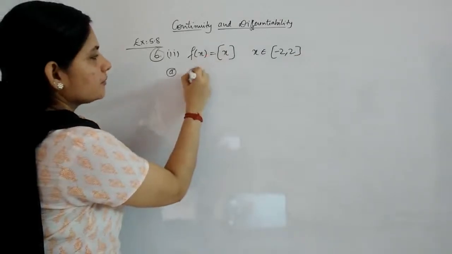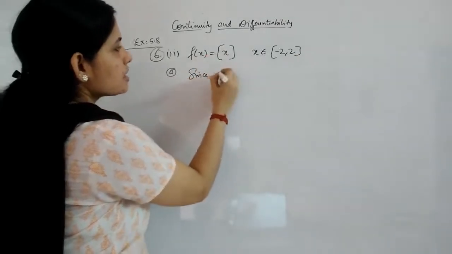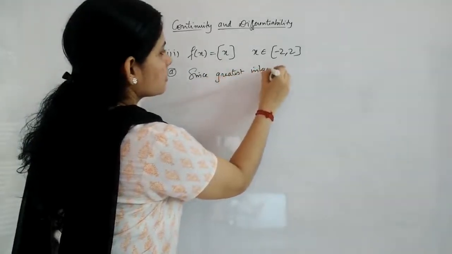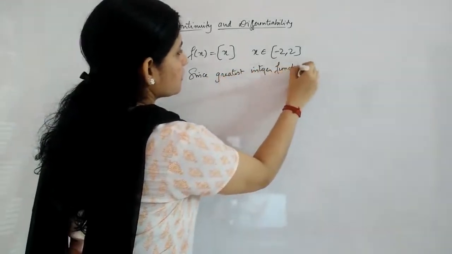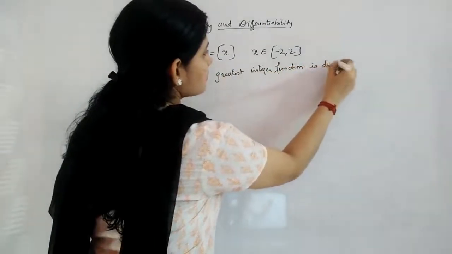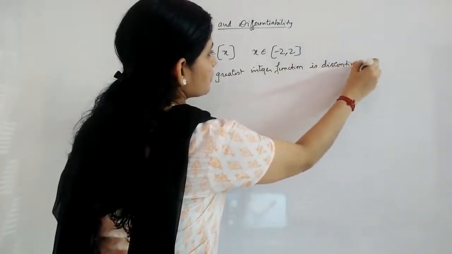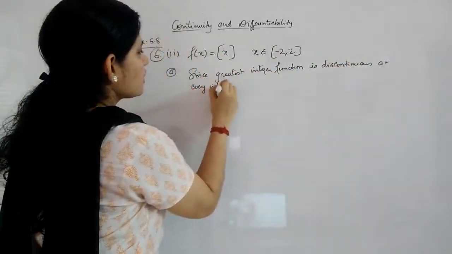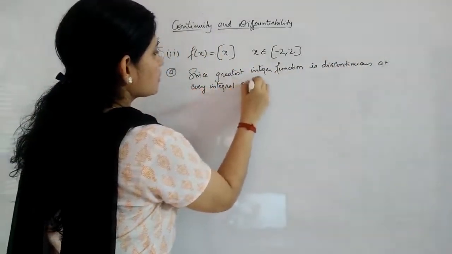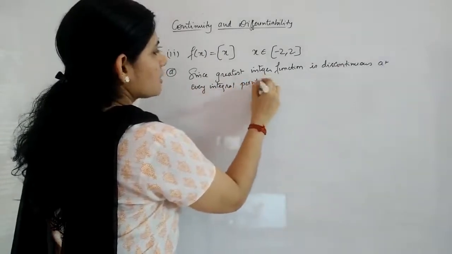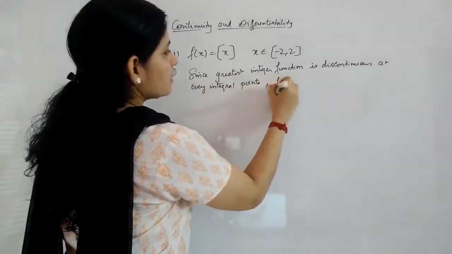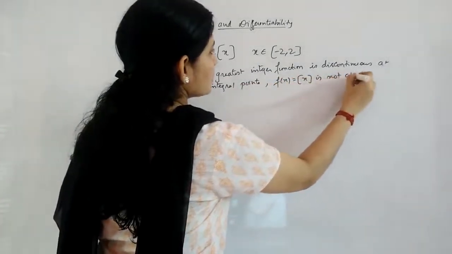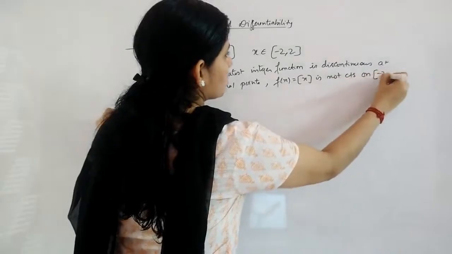Since again the greatest integer function is discontinuous at every integral point, at every integral point you can say that the given function f of x is not continuous on closed minus 2, 2.